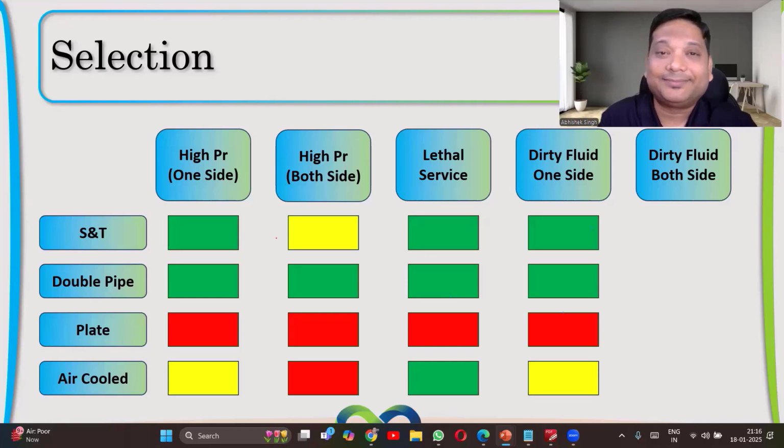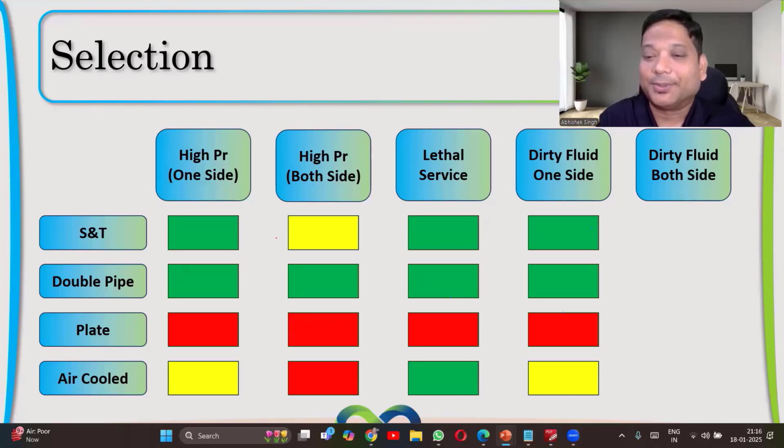Now next category, dirty fluid, both the sides. If you go with floating type heat exchanger, I can clean both shell side and tube side very easily. So if I have a dirty fluid both the sides, and if I'm selecting floating, it's a good choice. If I'm having fixed type, I cannot have dirty fluid both the sides.